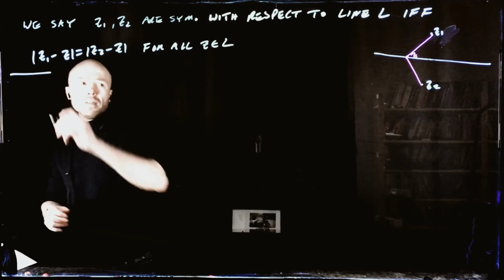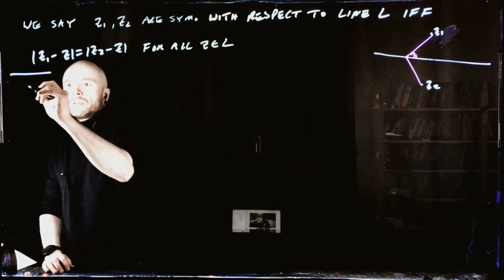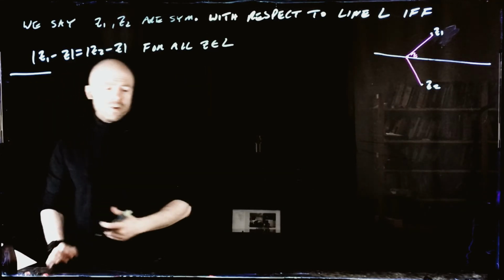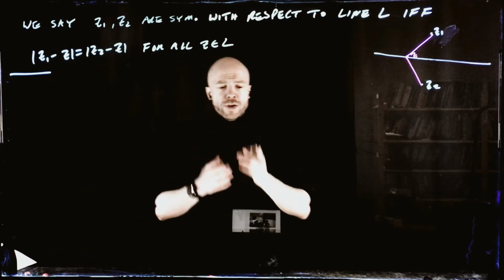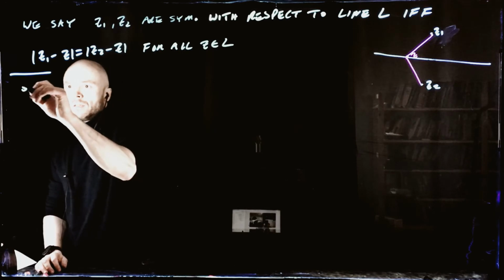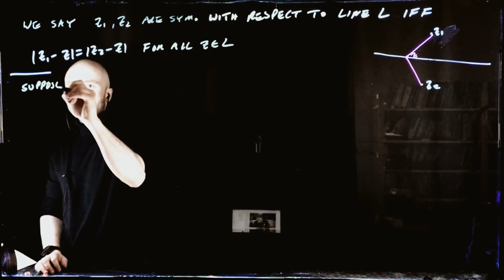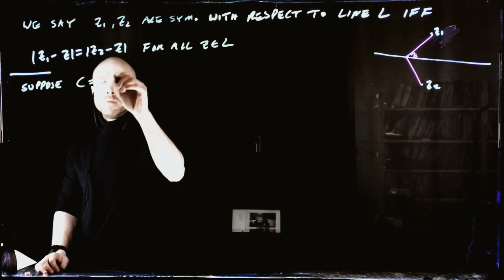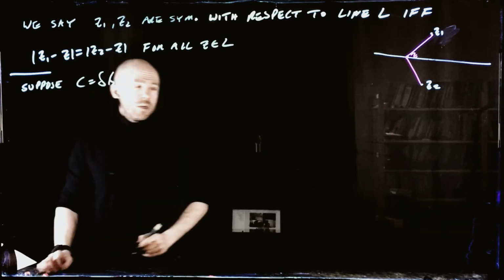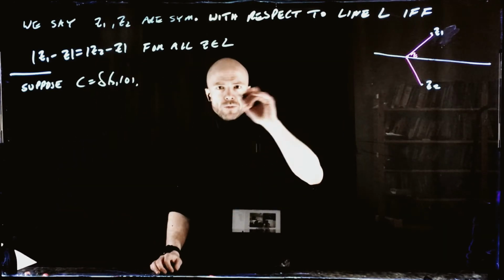Now, with respect to a circle, it's a bit harder. So let's try and define symmetry with respect to a circle of radius 1 around 0. So suppose C is the boundary of the ball of radius 1 around 0. What do we mean by symmetry with respect to this ball?